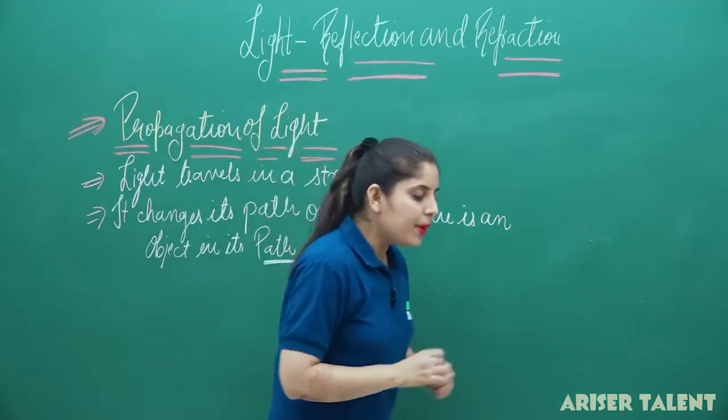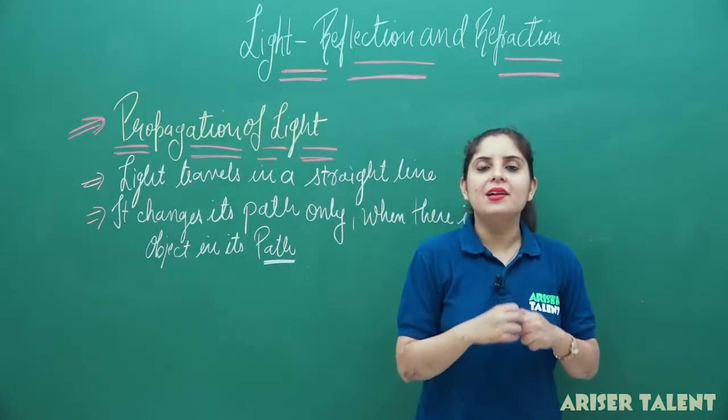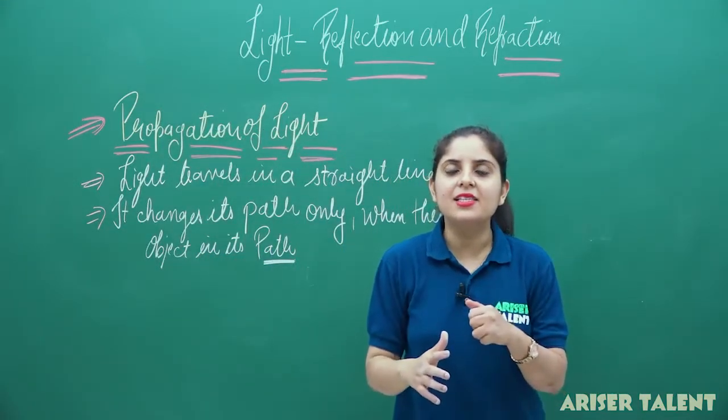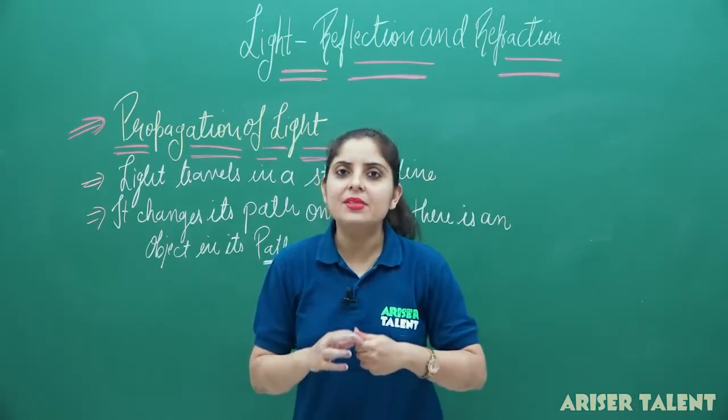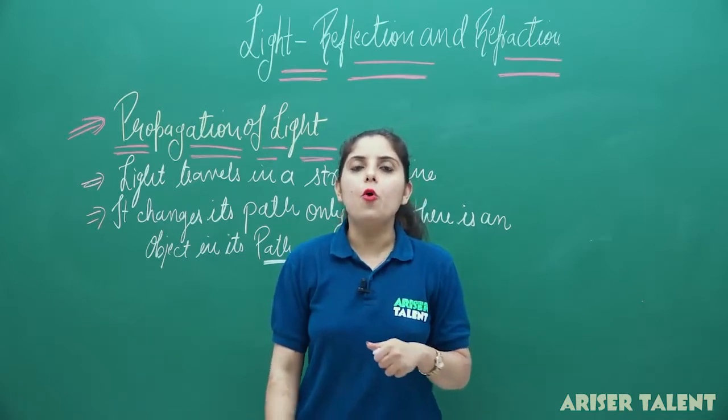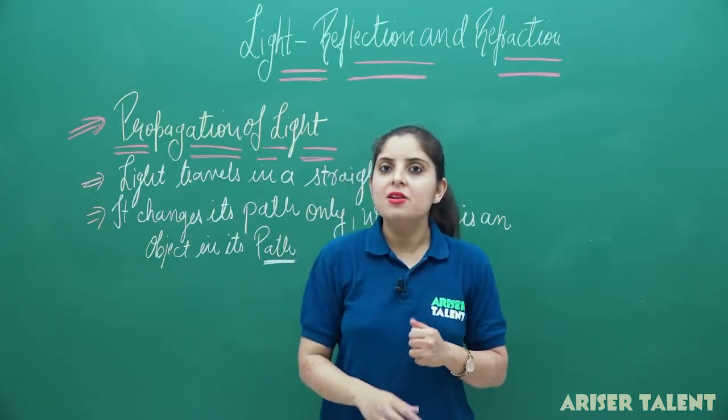Now, in the propagation of light, we have three kinds of medium. The first medium is the transparent, the second one is the opaque, and the third one is the translucent.